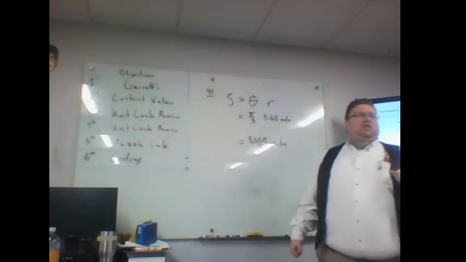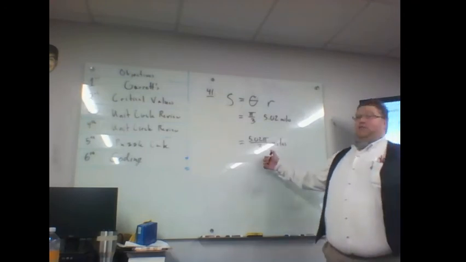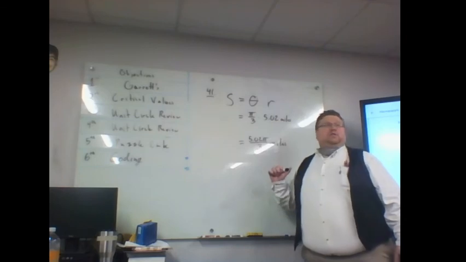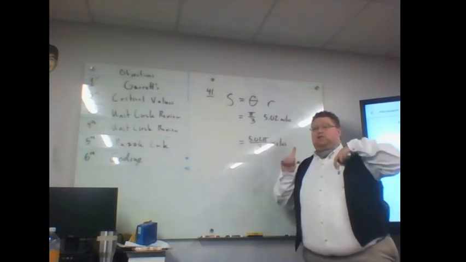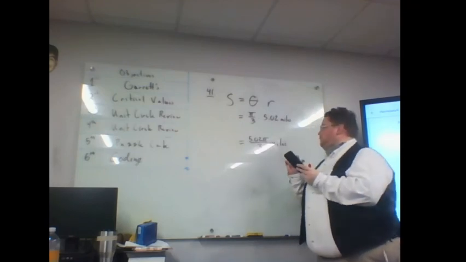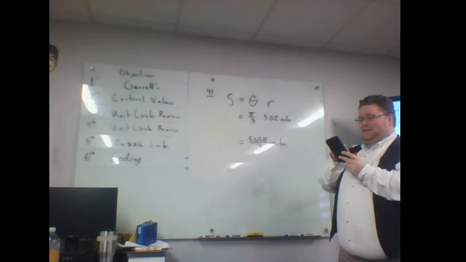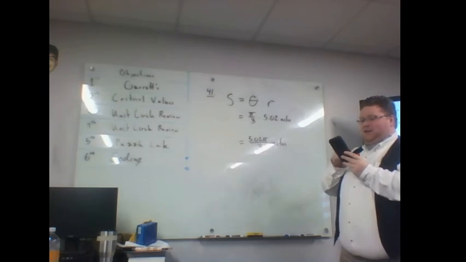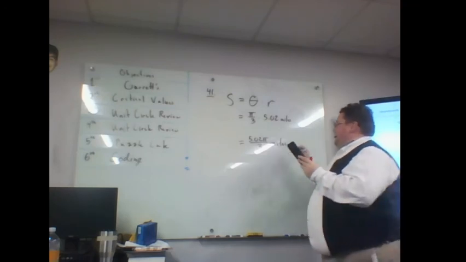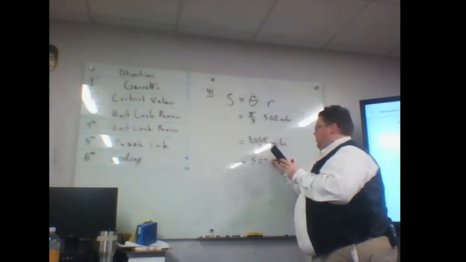That's just testing to make sure you have a calculator that works, and that you know how to use it. And it's not actually what I need to know. I need to know that you know how to use the formula correctly. This is a perfectly acceptable solution for me. Now the actual solution, if you don't mind, I'll pull up my calculator. 5.02 times pi over 3 would be 5.27 miles.